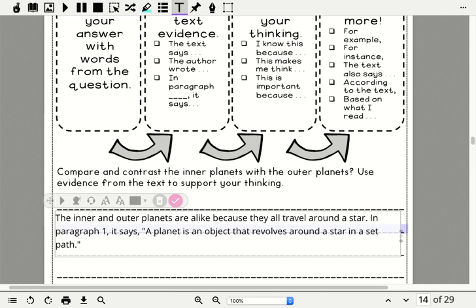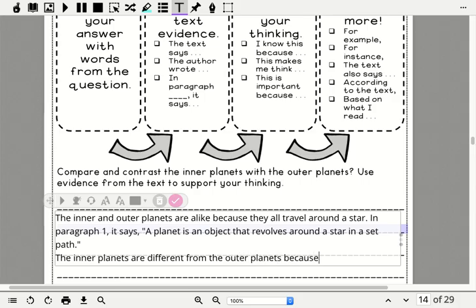So now we're going to go and we're going to restate it again. The inner and, let's separate them this time. The inner planets and outer planets are different from the outer planets because, and now I have to go back and I have to look at paragraphs 2 and 3.